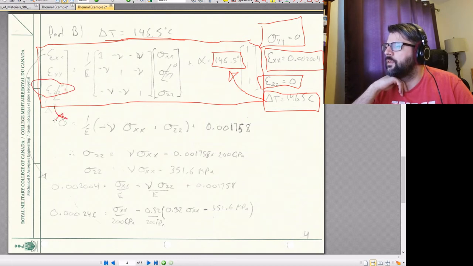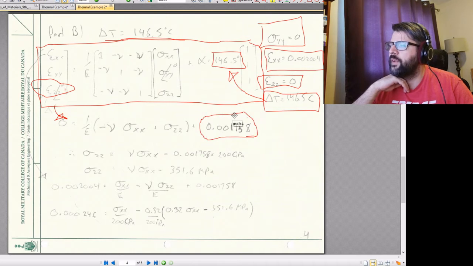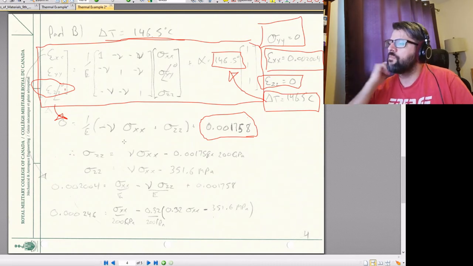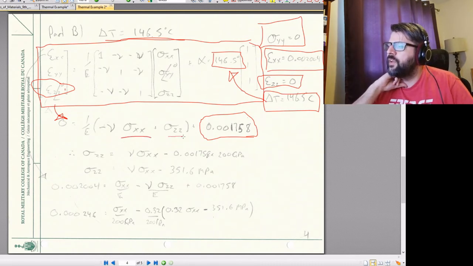So I'm going to just plug that into here. Right now we got two unknowns in this equation. We know what the delta T is, so we know what the strain caused by that is. So our unknowns are just our x and z stresses.